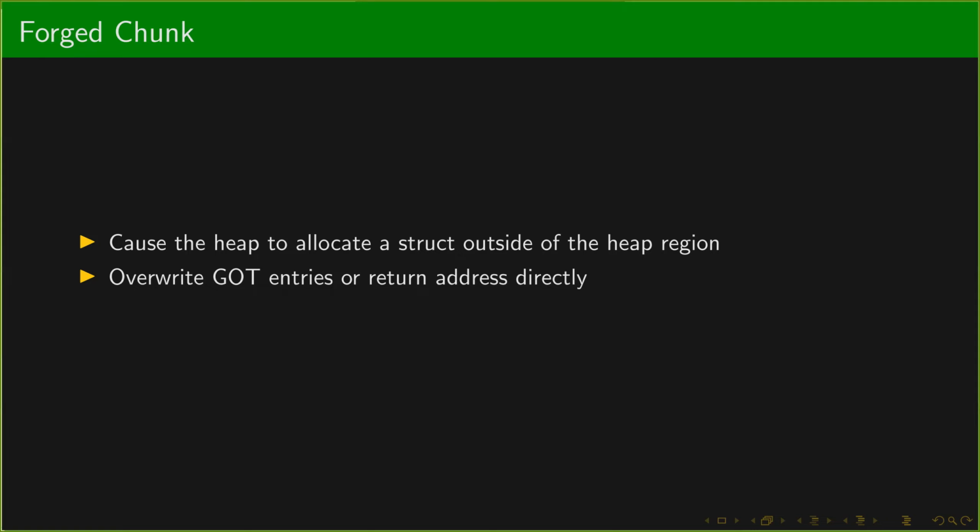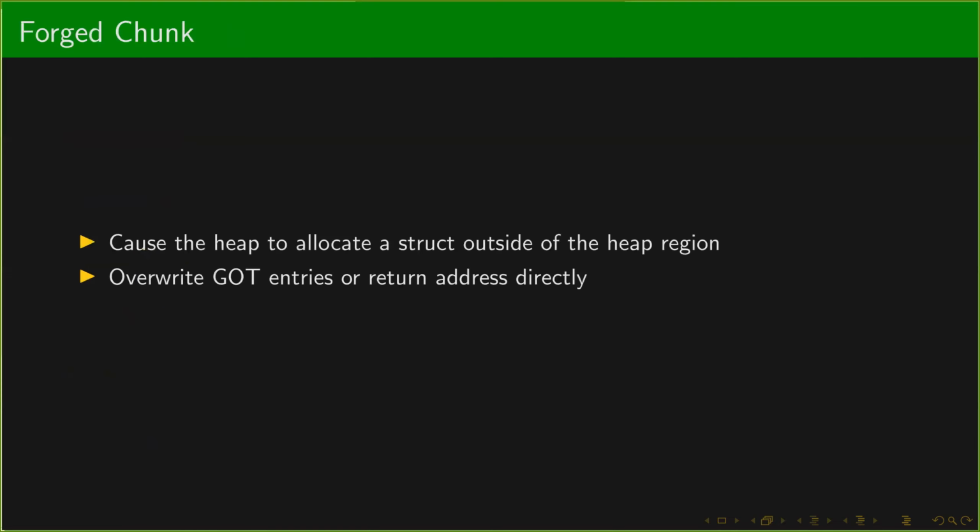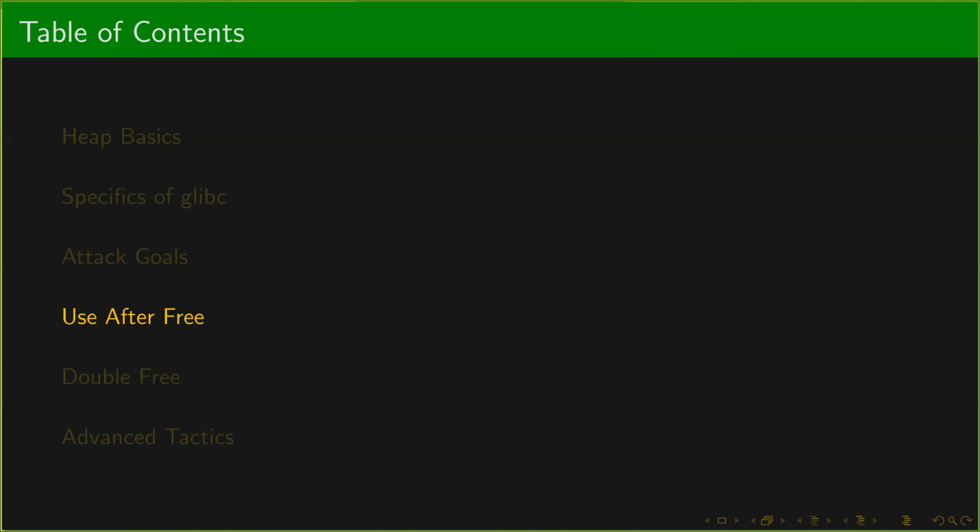Or we try to get the heap to allocate us global offset table memory as our allocation, and then when we write into our struct, we'll be overwriting global offset table entries. So these are the two main ideas: having overlapping allocations, and having arbitrary forged chunks at attacker controlled addresses.